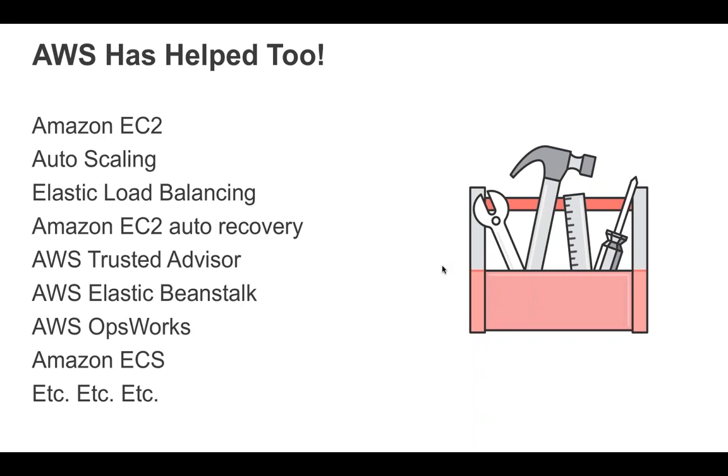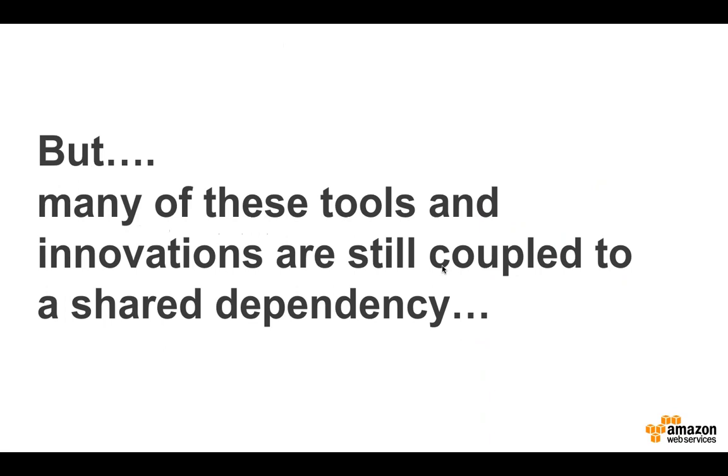We've also, along the way, been helping with services such as Elastic Compute, our on-demand compute service, auto-scaling, load balancers, other services like Elastic Beanstalk, our Trusted Advisor service. These are all tools which help as part of this service-oriented approach.